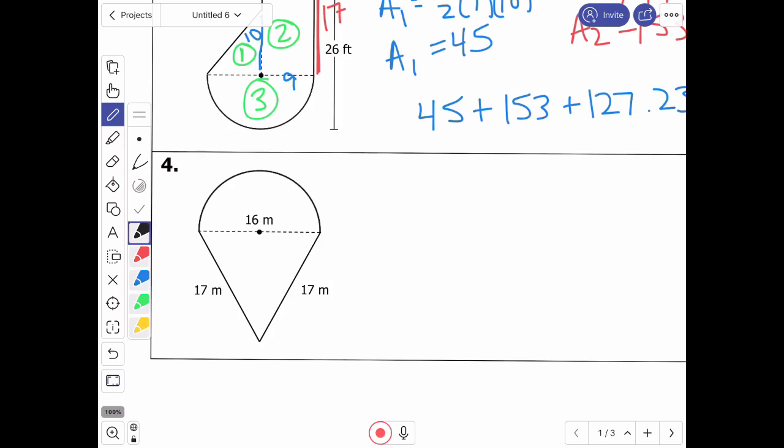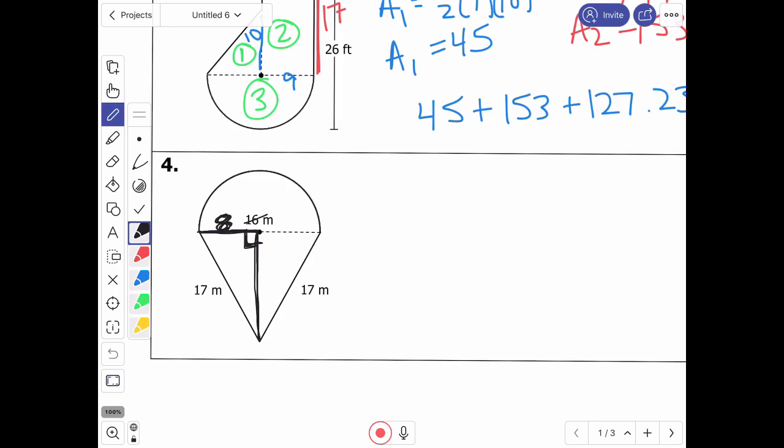For number 4, I am going to help you out and let you know that you have to draw in this altitude. Okay? So when you draw in the altitude, you're going to have a right angle here. Half of this radius should be half of the diameter. So half of the diameter has to be 8. Okay? So now you have a right triangle.